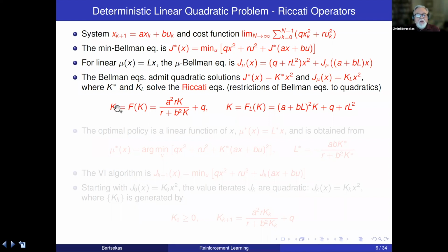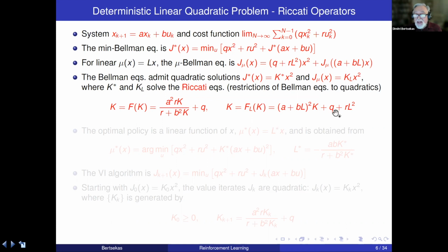And the Riccati equation is K equals F of K. Now, for a linear policy with L coefficient, there's a corresponding Riccati equation obtained from here. It has this form. FL of K is this function, and the corresponding coefficient KL is a solution to this L Riccati equation.